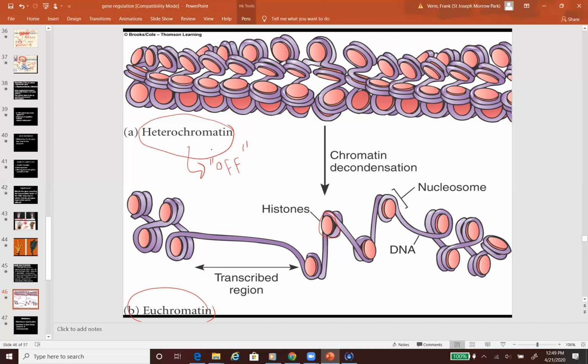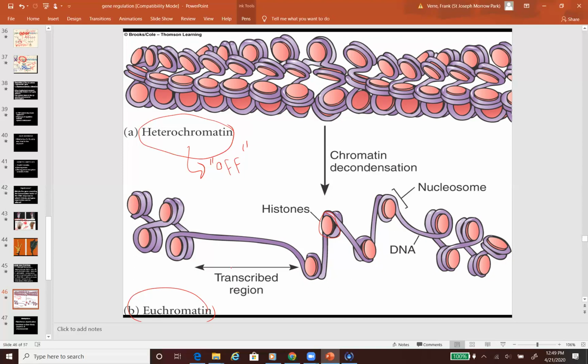And that is kind of logical, because for the gene to be on, it has to be accessible by RNA polymerase, because it has to go in, find a promoter region, start transcribing and translating. But if I look here, everything's so tightly packed, there's nowhere to get in there and start reading the gene.